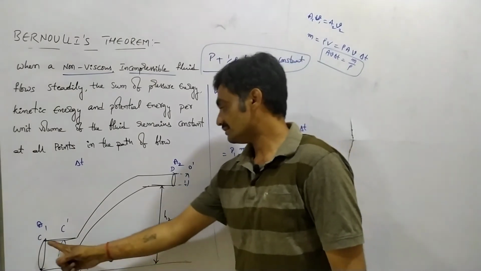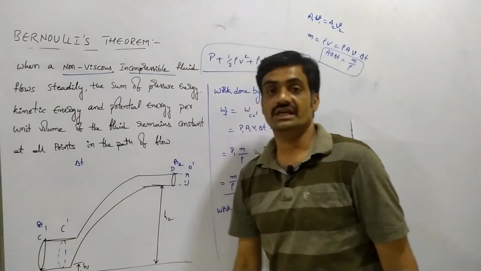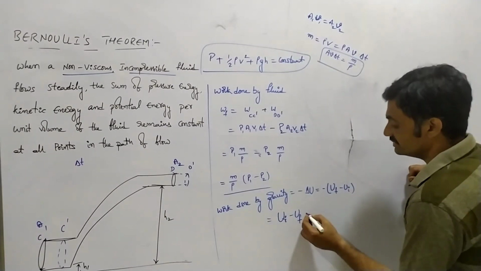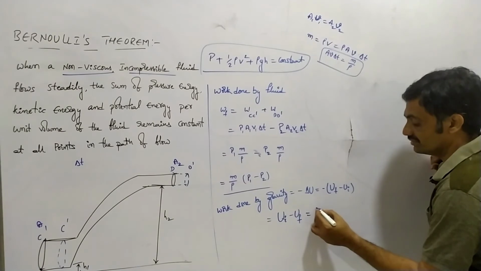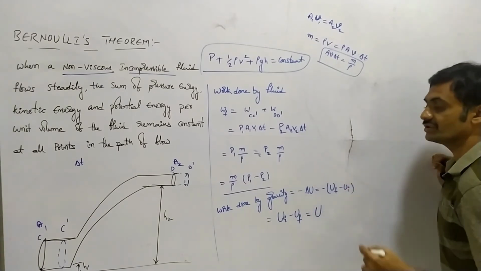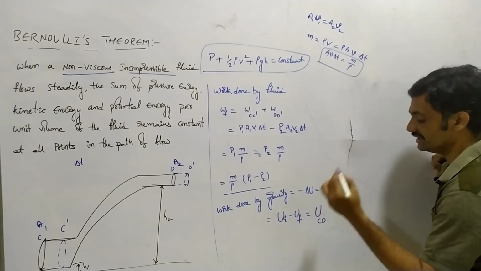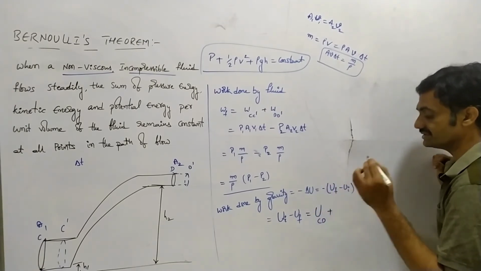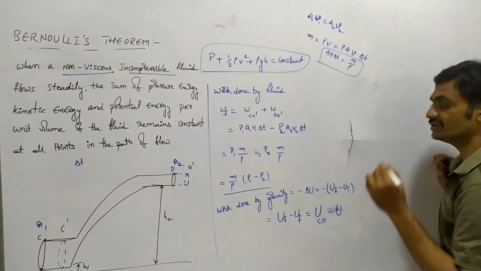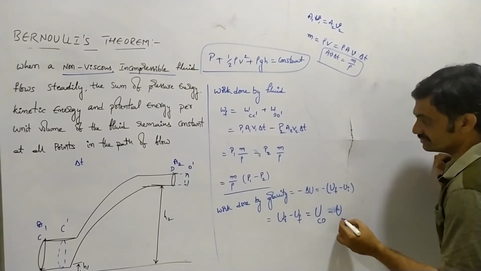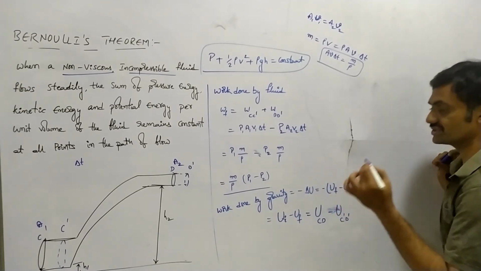Here, C to D and C dash to D dash. As you observe this expression, potential energy in order to move the fluid from C to D minus potential energy in order to move the fluid from C dash to D dash.